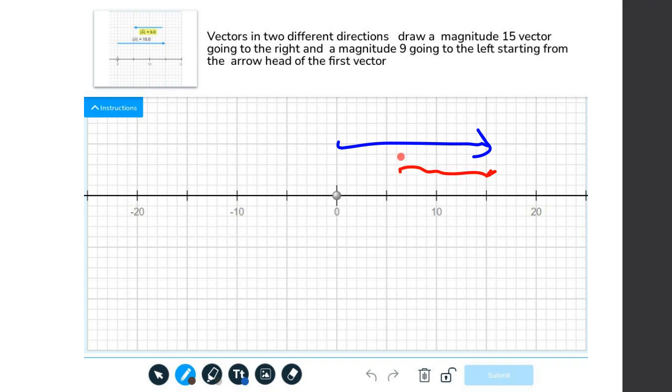Didn't do a very good drawing of my 9, but here we go. Got 9 going to the left. So I still have 6 going to the right. So 6 right.